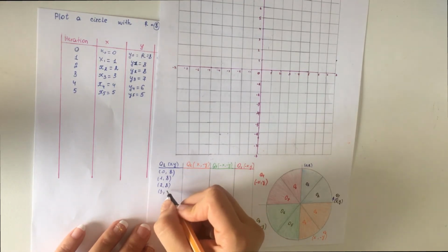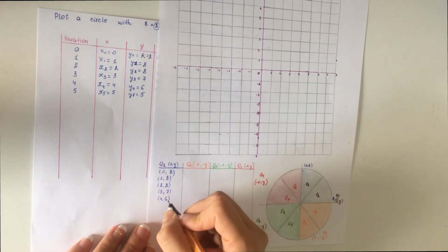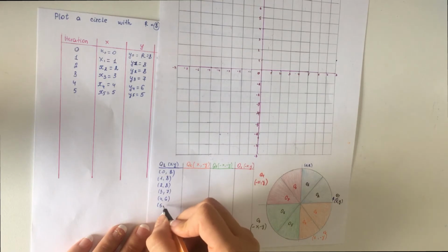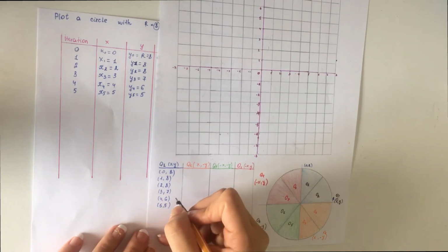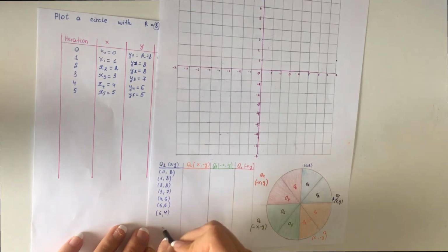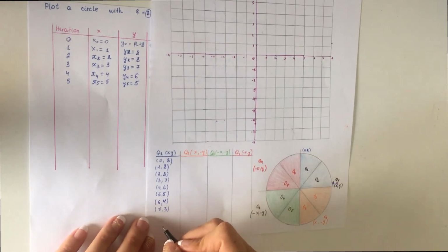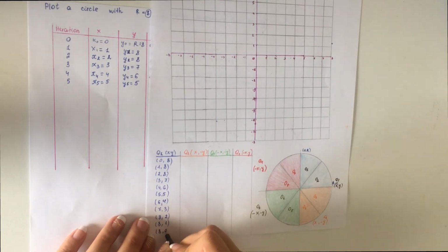These are the values of the first octant, which we found by using Bresenham's circle drawing algorithm. The second octant will be the same, just we will swap the values of x and y, which will be 6, 4, 7, 3, 8, 2, 8, 1, and 8, 0.